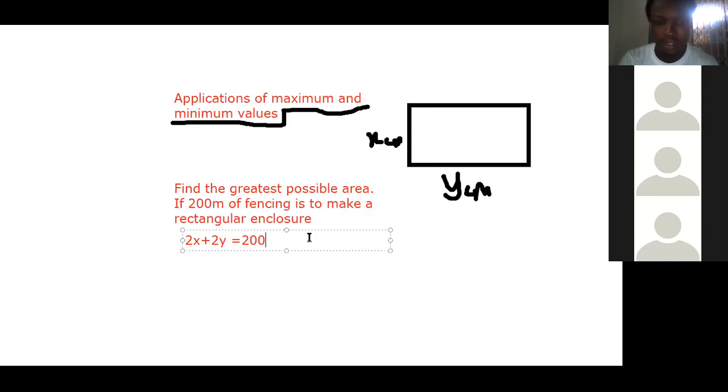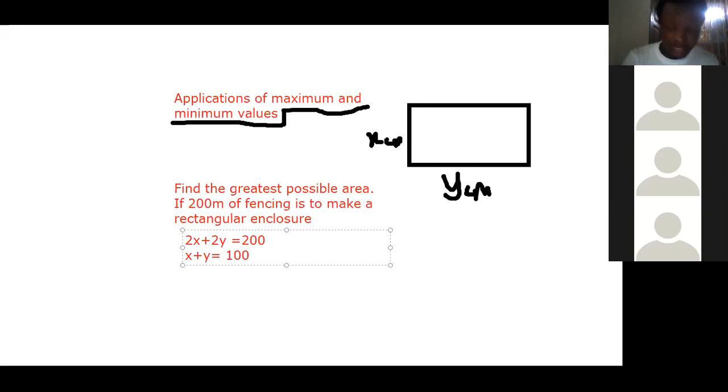Since 2 is common, we can divide through by 2. That will give us x plus y is equal to, sorry, 100.